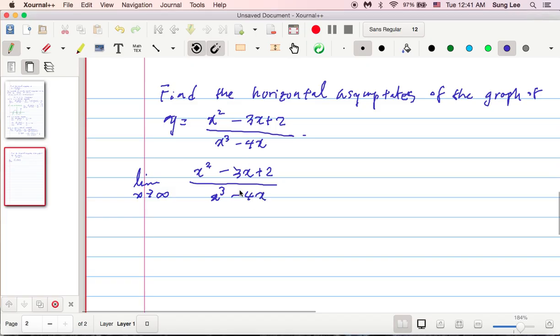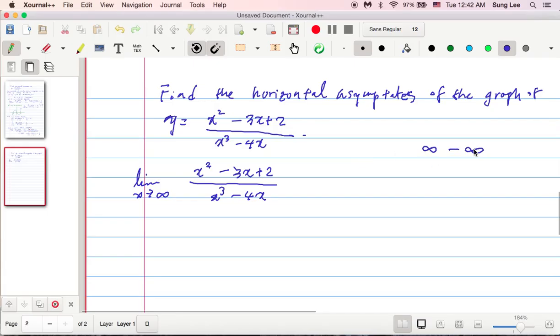So how do you calculate something like this? When you do this, that's going to be infinity minus 3 times infinity, still infinity, plus 2, so you get infinity. Overall you see infinity minus infinity.